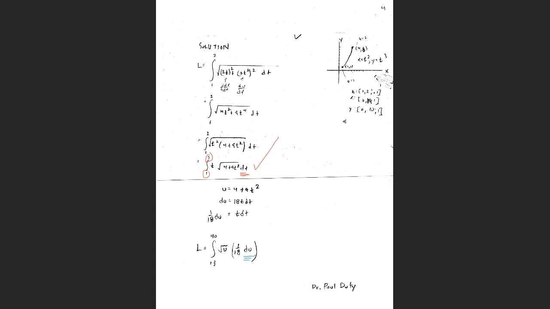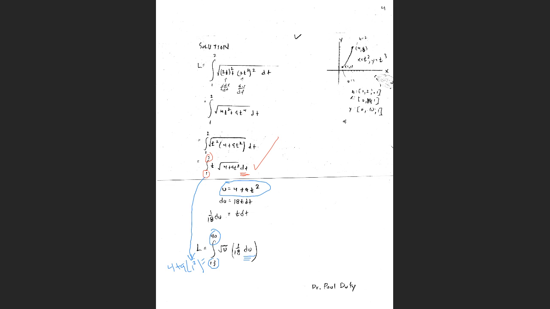Well, u was 4 plus 9t squared. So the bottom limit becomes 13, because how are we getting 13? Because 4 plus 9 times 1 squared, the 1, I'm getting the 1 there. That equals 13.